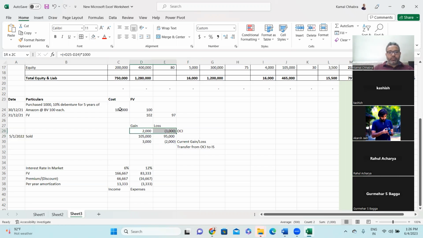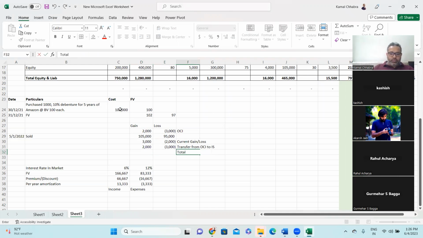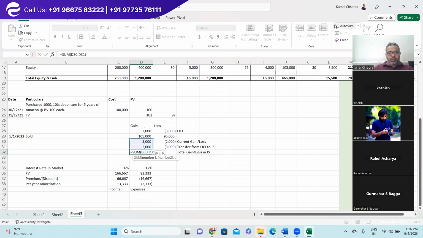So basically, in the end, when the security is sold, the entire amount, that is the entire difference between cost and sale value, would be recognized in the income statement, right? Yes. So the total gain and loss recognized in the income statement will be this.